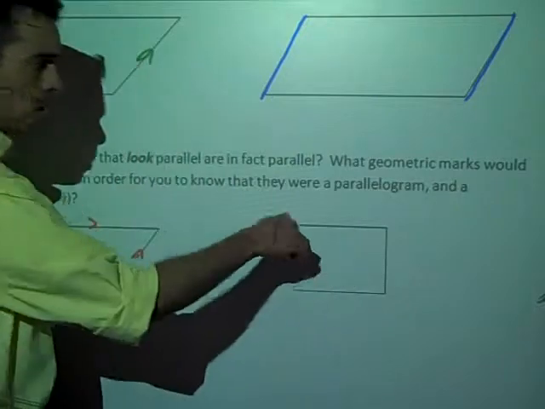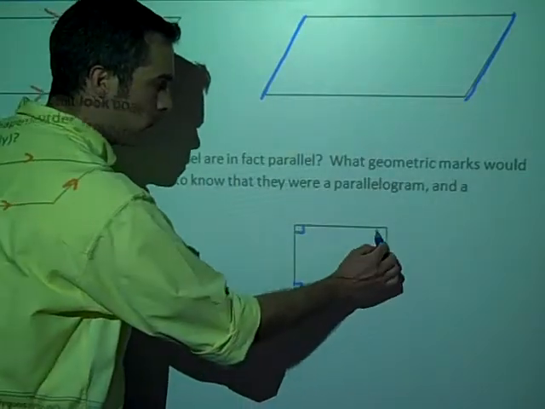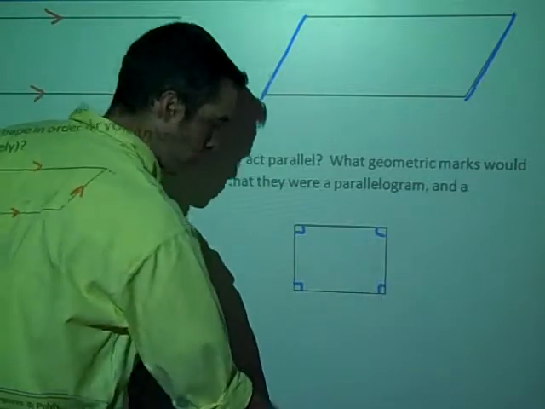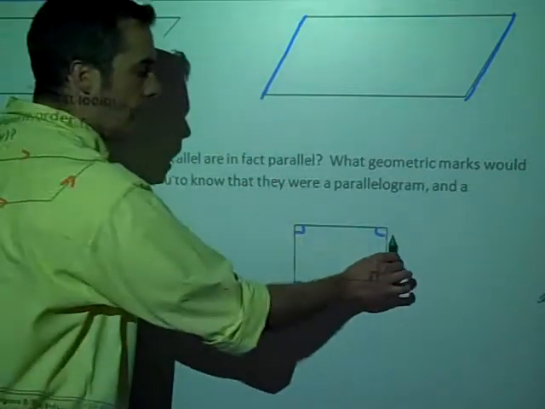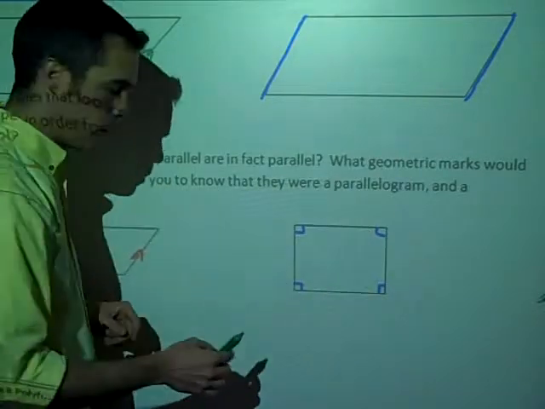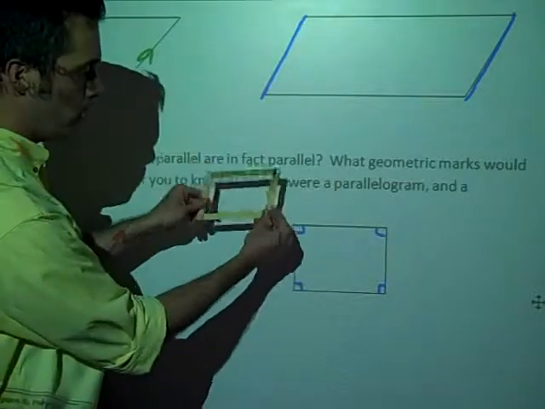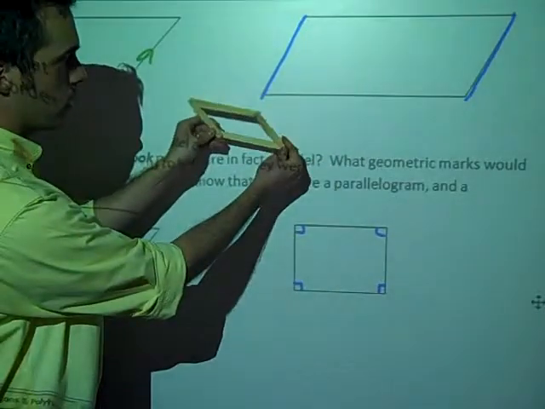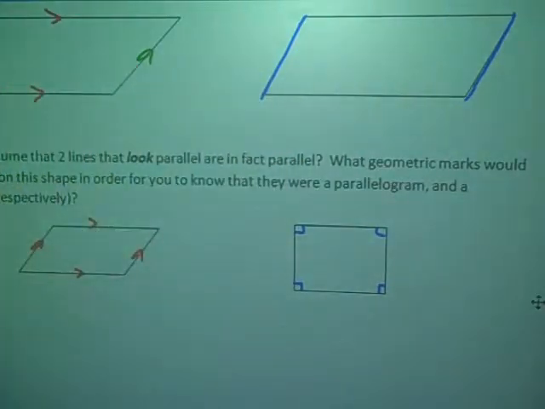If you wanted to know that this was a rectangle, you would have to put right angle symbols in all of the corners, and you would also have to show that the opposite sides were the same measurement. We've talked about parallelograms using this little wood thing before, and a rectangle is a special kind of parallelogram.